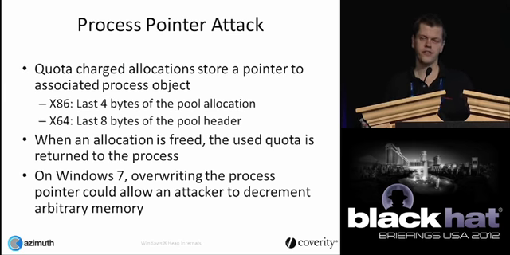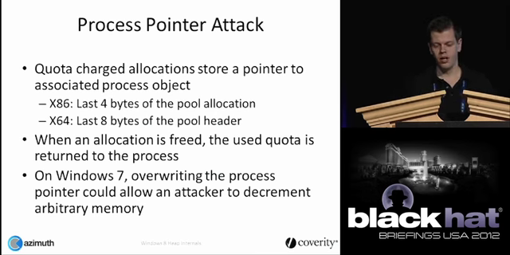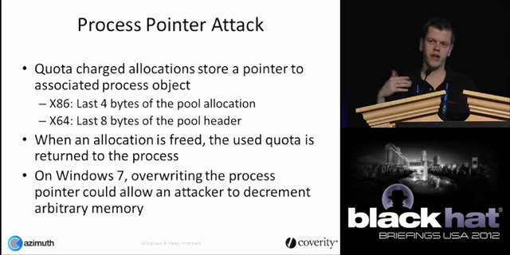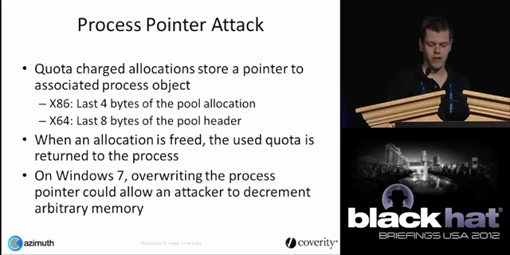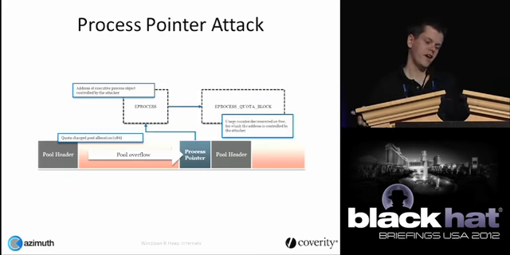On 32-bit, you add the number of bytes by 4, so you store the pointer as the last 4 bytes, while in 64-bit, you put the pointer in the pool header itself. And when that allocation is freed, it checks this pointer. Not only does it check it, but it dereferences the pointer and finds this quota data structure in order to lower the quota. So if you control this pointer, you could basically get an arbitrary decrement of arbitrary memory. So this is how this attack worked.